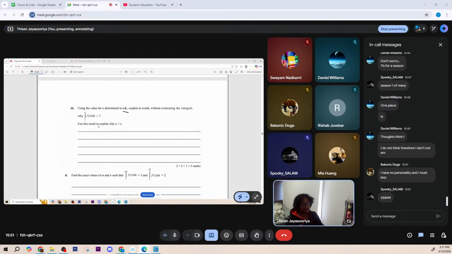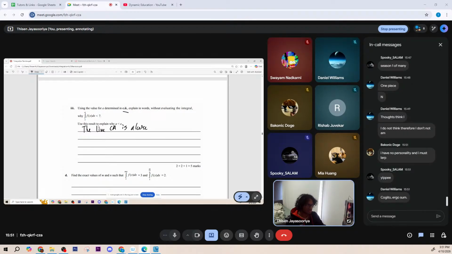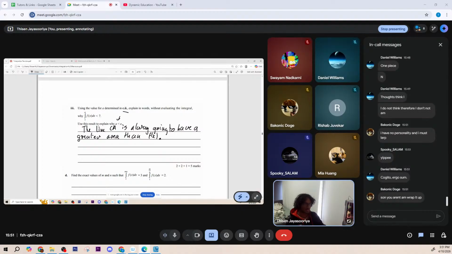So here, if I wanted to explain that out with words, you say the line CA is always going to have a greater area than f of x, right? So this is the explanation. Then it says use this result to explain why a is less than e.